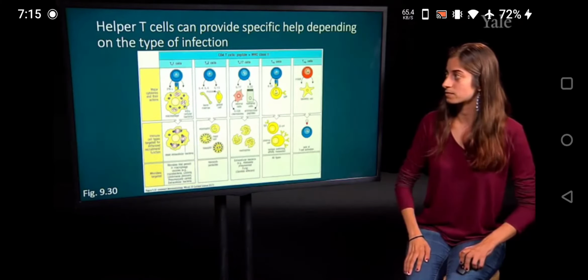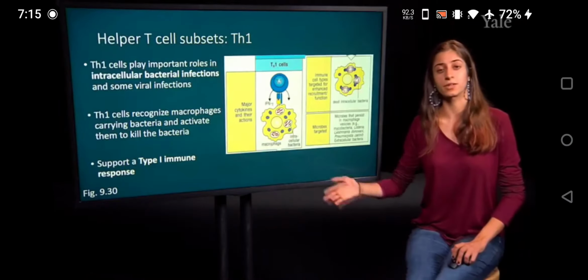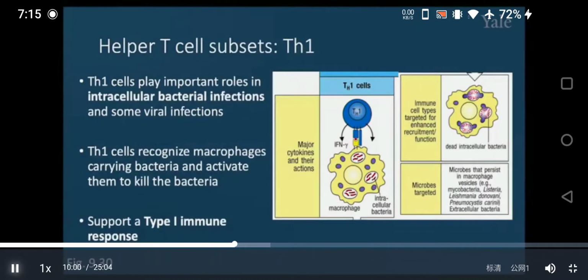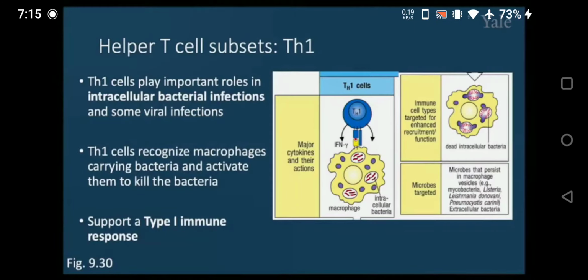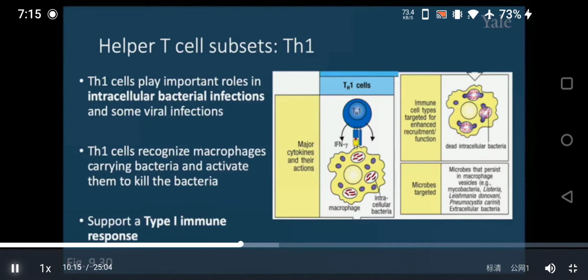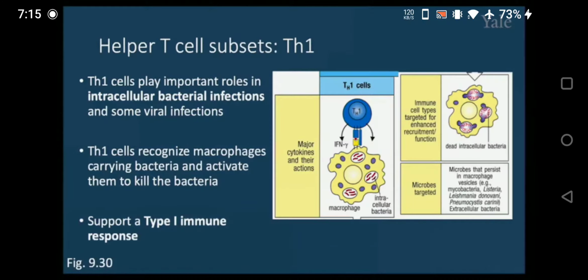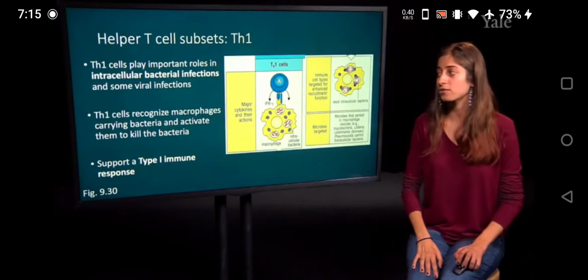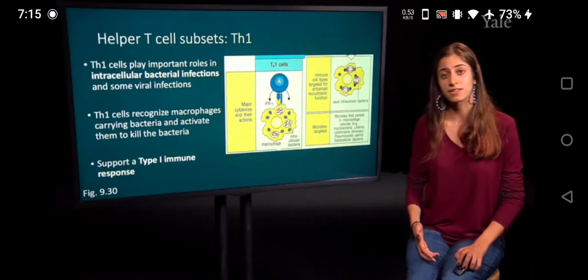So let's start with Th1. Th1 cells are very important for responding to intracellular bacterial infections and some viral infections. This allows them to help the activation of the CD8 positive cytotoxic T cells. This is important, as you may recall, because the CD8 positive T cells are very important for responding to viruses and intracellular bacteria due to the specificity of the MHC class I. Th1 cells also recognize macrophages carrying bacteria and activate them to kill the bacteria via phagocytosis.